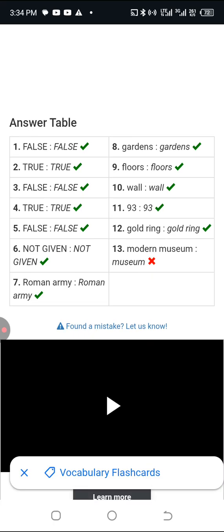But I think museum too should be correct. This website doesn't accommodate brackets. That's one thing I've noticed about this website. But if you have practiced with Cambridge series before, you will notice that they usually put some things in brackets. So I'm guessing that in this case, it's very likely that modern will be in brackets, and then museum will be the compulsory one.